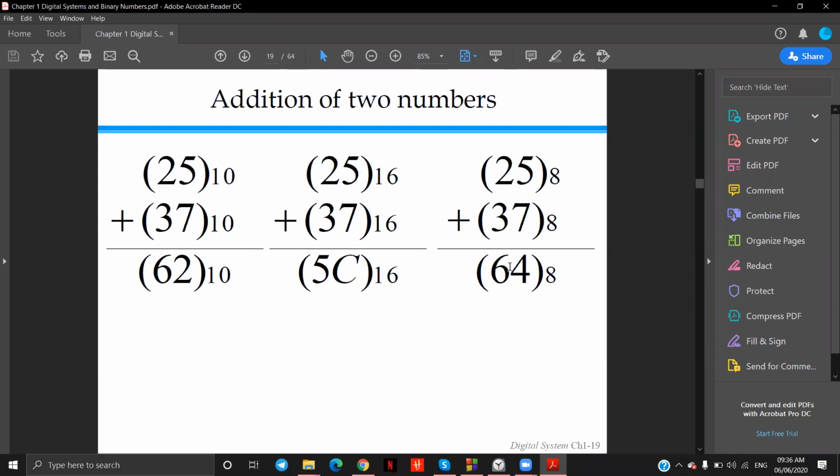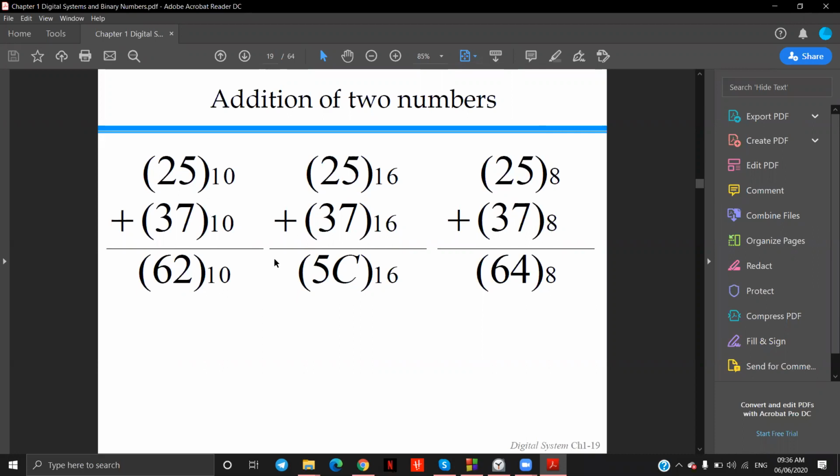So very easy. We see that 25 can belong to the decimal, hexadecimal, or octal number system, and 37 also can be part of the decimal, hexadecimal, or octal number system.